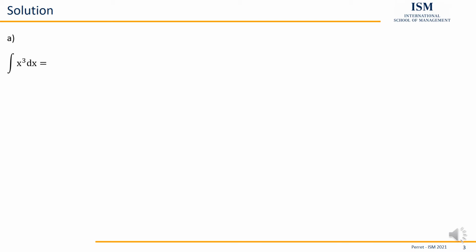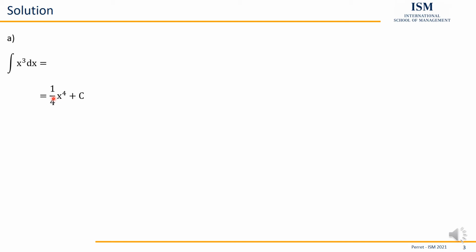Here, we can do this relatively easily and straightforwardly because we already know the rule for working with polynomial expressions, so with something which reads as x to the power of n. What we're doing here is we simply take a look at the exponent and increase the exponent by 1, so from x to the power of 3 we get to x to the power of 4.